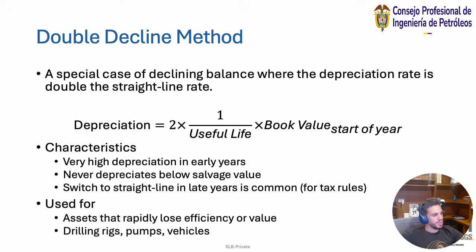You want to use this in the beginning, and then you can switch to another method or the straight line method. So it's like an initial spike of depreciation, and then it continues linearly. And this is used for assets that rapidly lose efficiency or value, like drilling rigs, pumps, or vehicles. That's a very good example of something where you would want to use the double declining method.